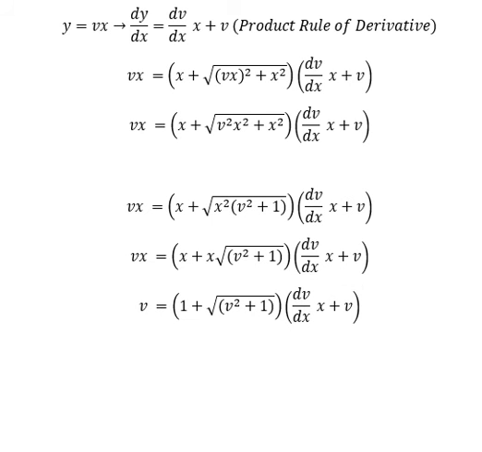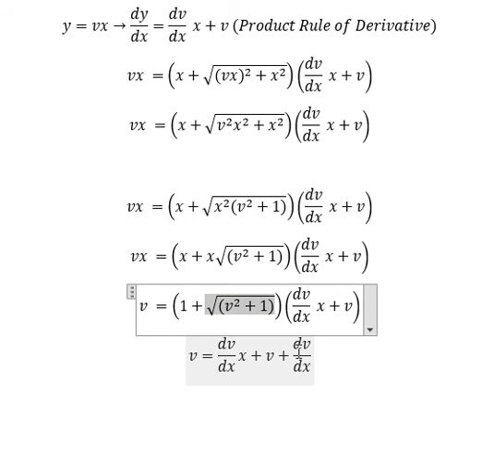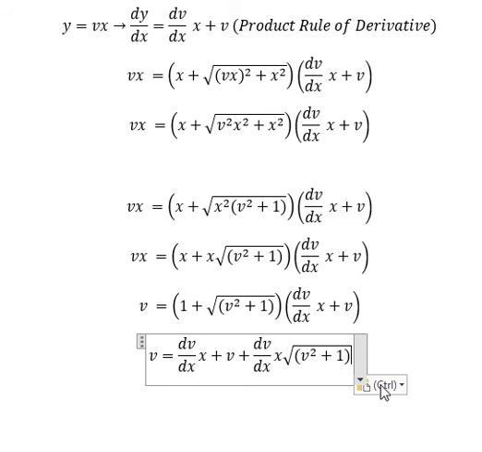Next, we have this number 1 multiplied by this one, and this one multiplied by this one. So we will have dv over dx multiplied by s plus v, and we have dv over dx, the square root of this one with s in here.